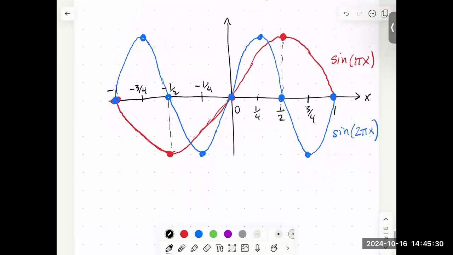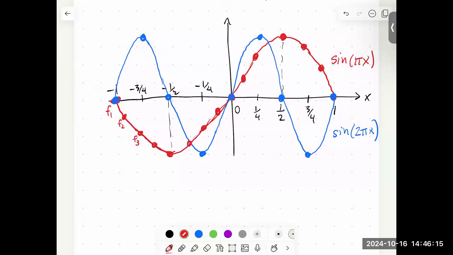What does that look like? Going back here, I'm going to sample, starting with the red one. I'm going to add some points here to get finer resolution in my sampling of my sine function, sine pi x in this case. I'll call this sample f1, this sample f2, this sample f3, and so on. So f3, for example, is f of x evaluated at whatever x this happens to be, minus 3/4.